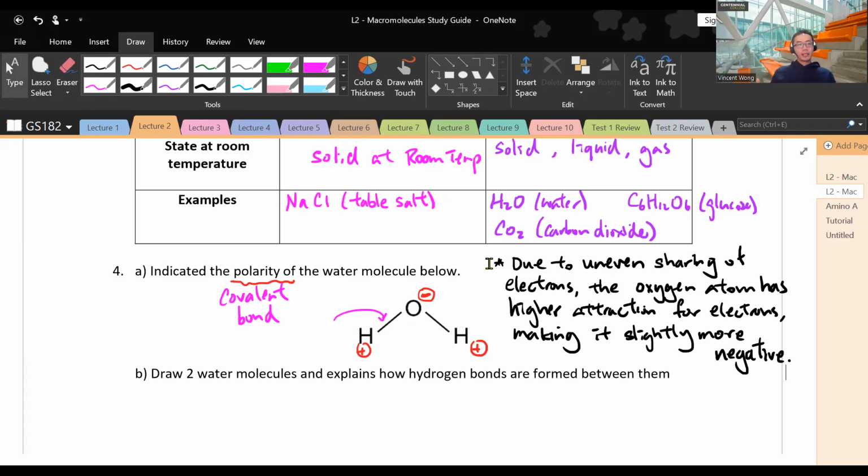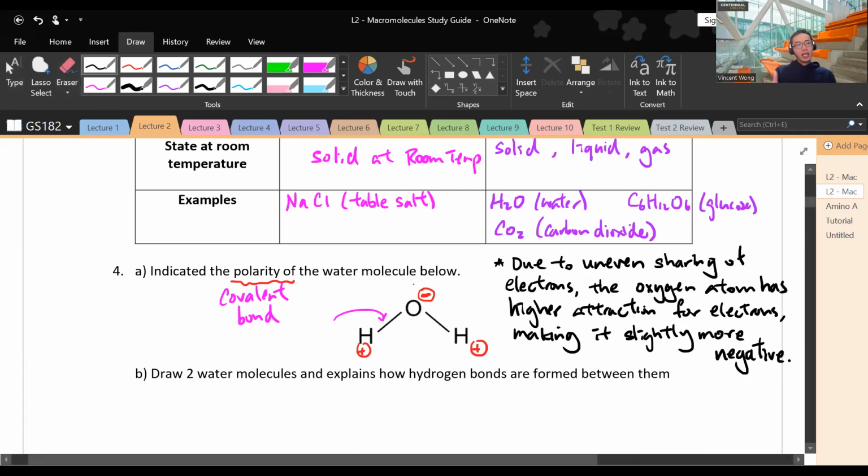But then the older one is hogging it all the time. So they are sharing, but the older one gets to play with it more than the younger one. So it's uneven sharing. It's not 50-50. And that's kind of what's happening here. The oxygen is holding on to the electron more than the hydrogen, and that causes it to become more negative.